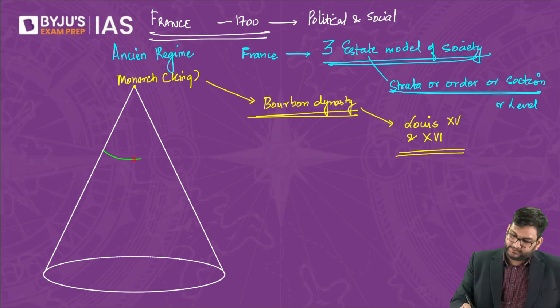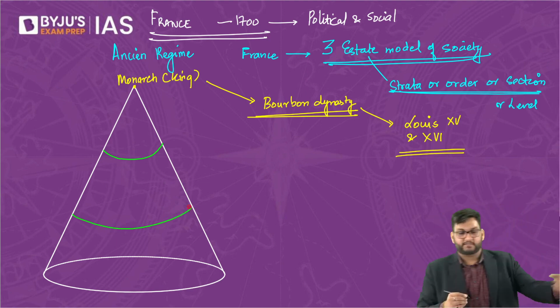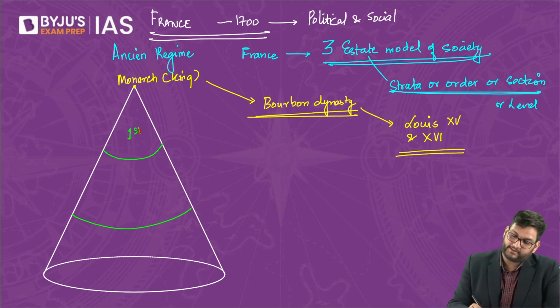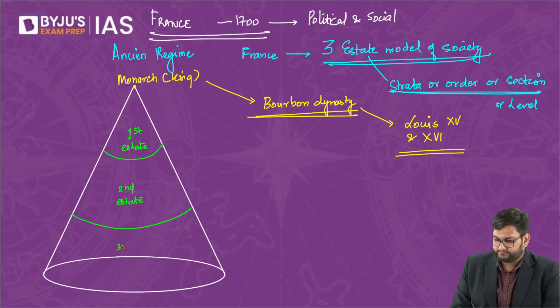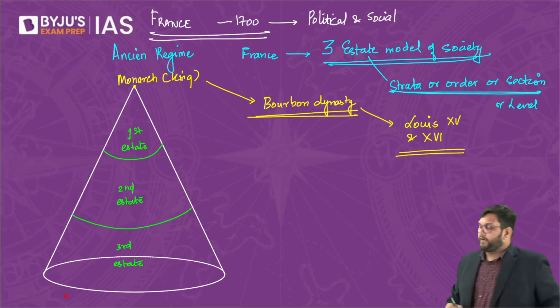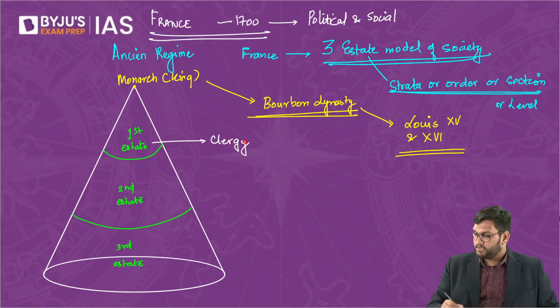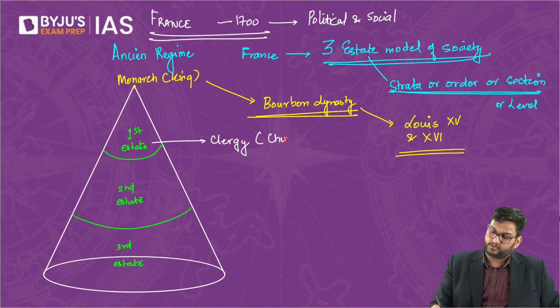Now, there are 3 strata into which the whole society is divided. This is called the first estate, this is called the second estate, and this is called the third estate. The first estate are the clergy, which is basically the church bureaucracy.